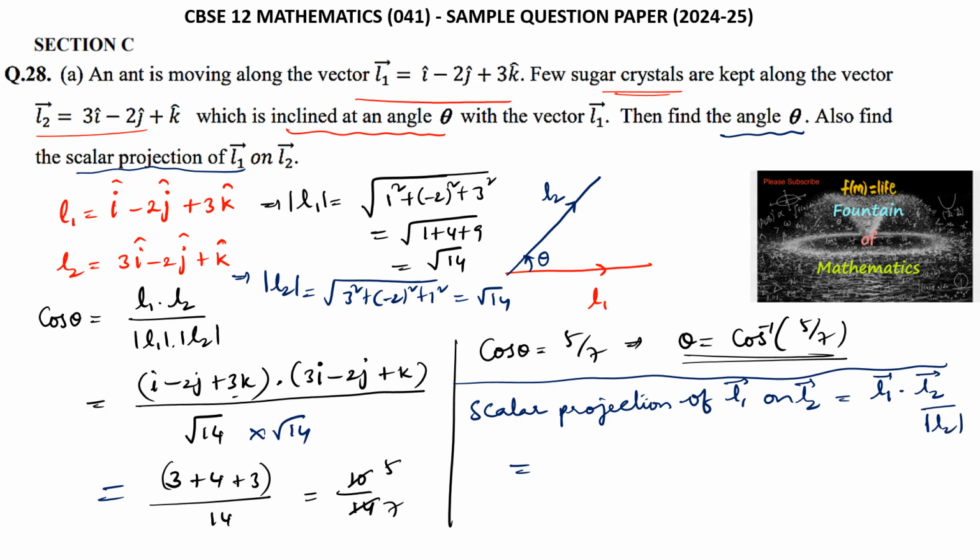We had L1 dot L2 is nothing but 10, we can say from here. So 10 divided by mod of L2, which is root 14. So 10 upon root 14 is the answer.